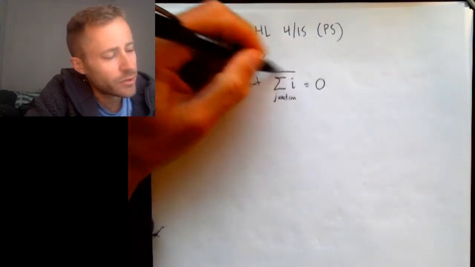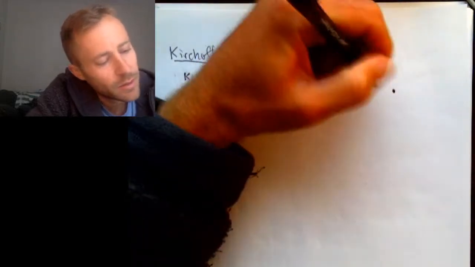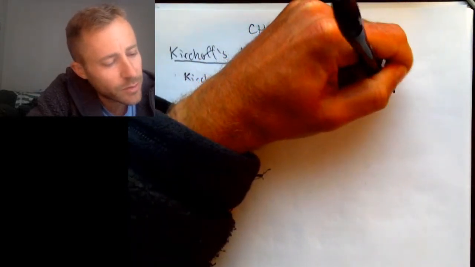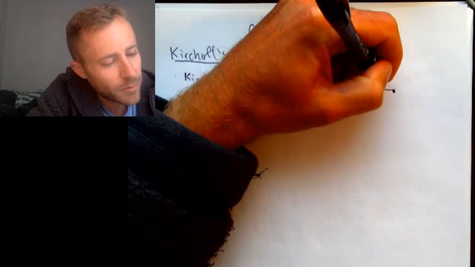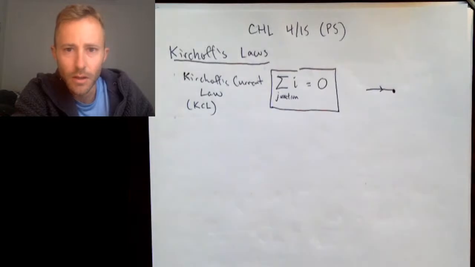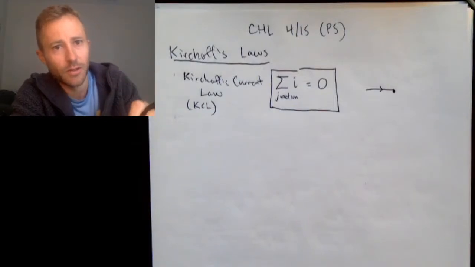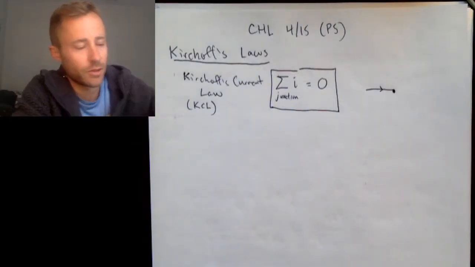When I say a junction, I mean a meeting of wires. Another way you could think about it is the sum of the currents going into a junction equals the sum of the currents going out of the junction.